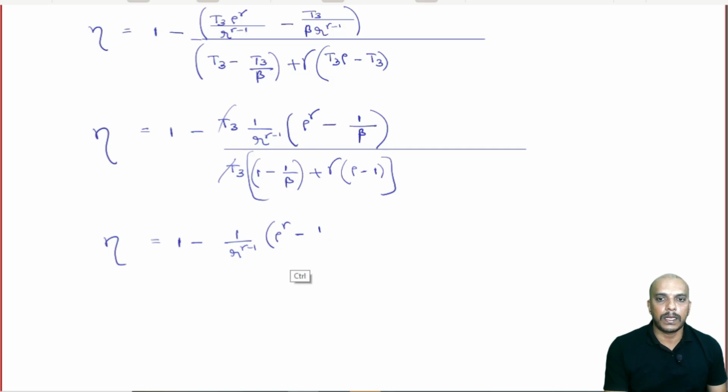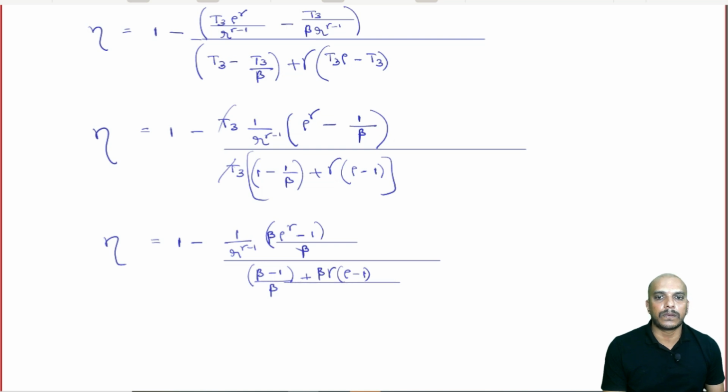This can be rho power gamma minus 1 whole divided by beta, so this will be beta rho power gamma minus 1, where beta cancels out without changing the meaning. Similarly, in the denominator, this can be written as beta minus 1 divided by beta. And if you want to do this for the whole division, it can be beta gamma into rho minus 1. If you try to cancel it out, it will be the same expression.